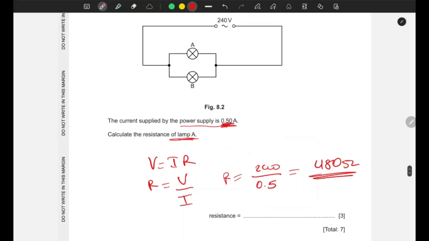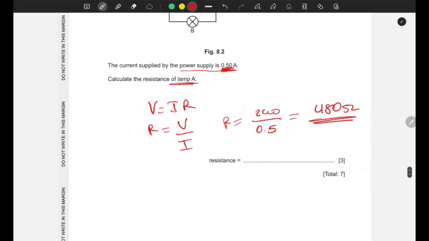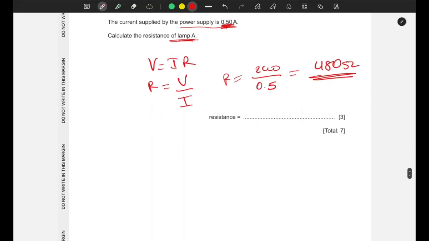Now these two lamps are connected in parallel. So what that means is we have the formula 1 over RT equals 1 over R1 plus 1 over R2.